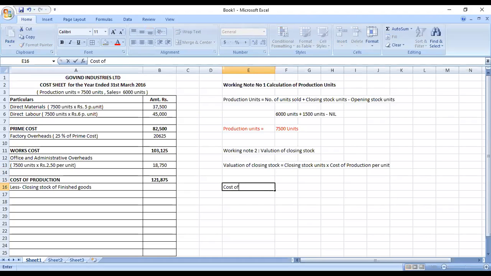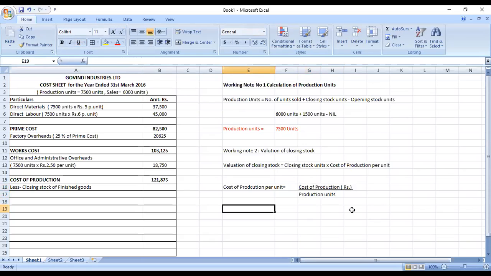Therefore, the cost of production per unit is equal to cost of production in rupees divided by production units.